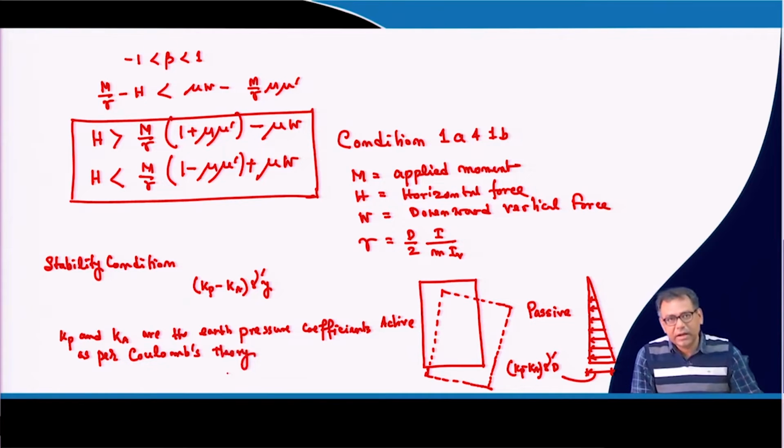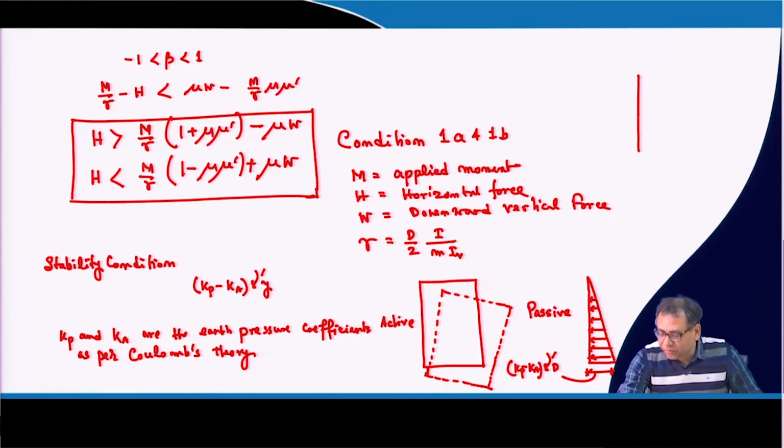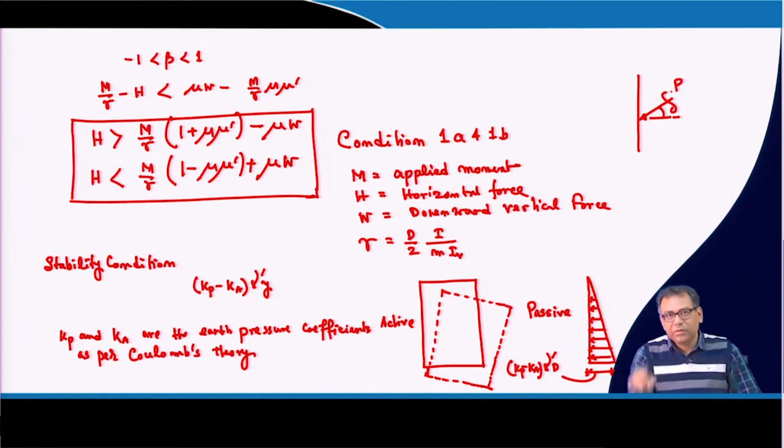In Terzaghi's analysis it was as per Rankine's theory, but here it is as per Coulomb's theory. As per Coulomb's theory, the net passive force P net acts at an angle of delta to the vertical face.